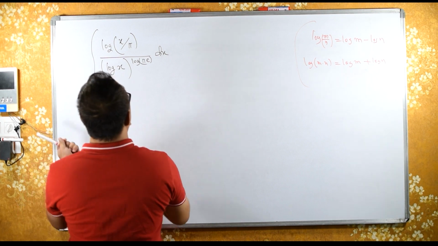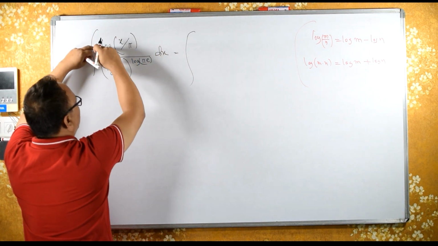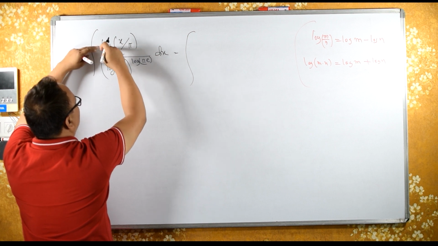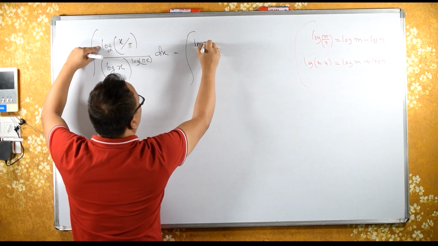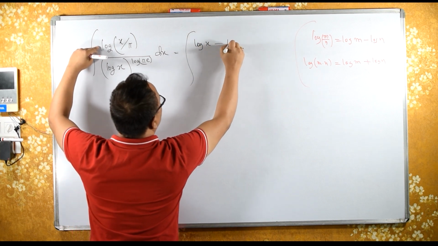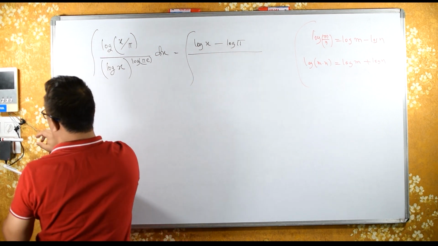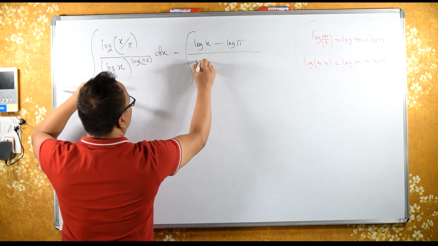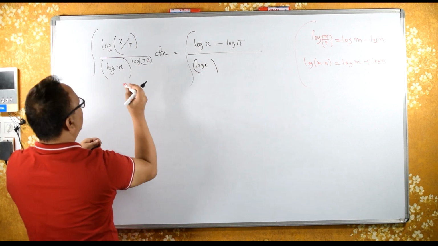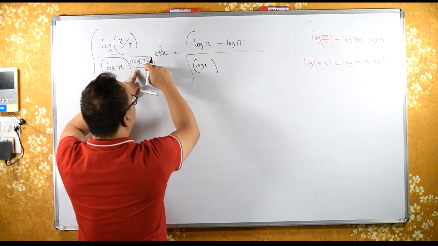Therefore, this integral can be written as integral. It is of the form log m by n. Therefore, that is log of x minus log of pi upon log of x here, okay, here I am applying it here as well as here. Now m into n is what?